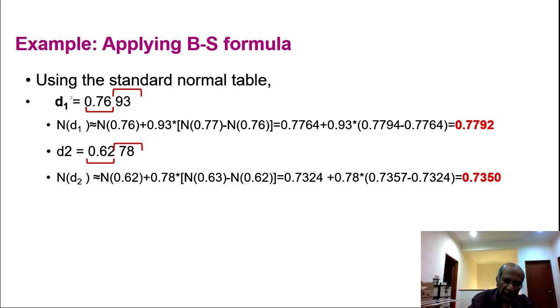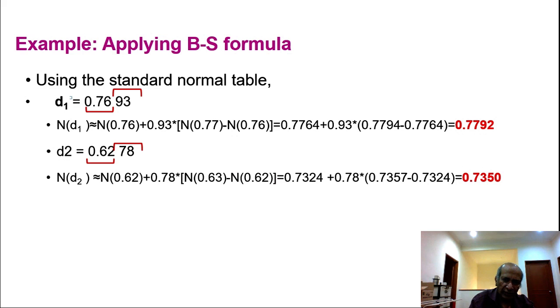You take the first two decimal places of this D1, that is 0.76, and 0.76 is what you have to record in the table. I'll show you afterwards. Plus the last two decimal points, that's 9 and 3, plus 0.93 times one step higher, N of 0.77.